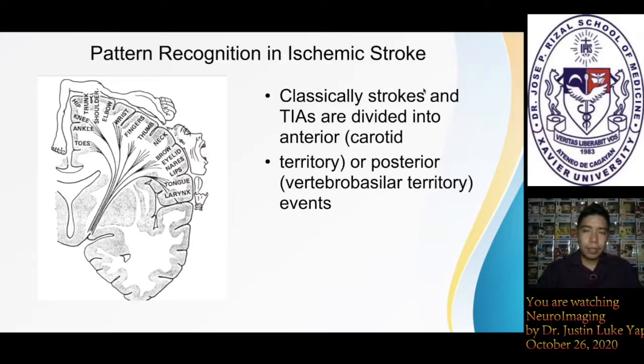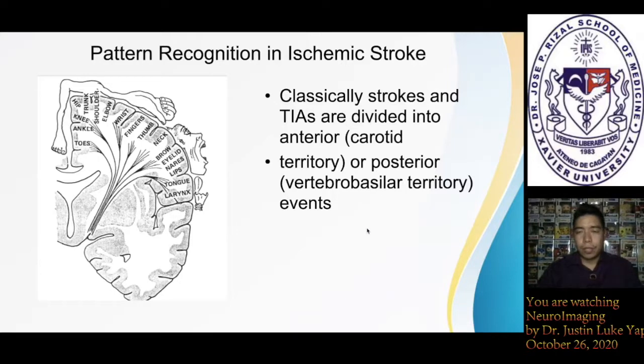Now there are certain stroke patterns which we can recognize because of our established idea of the homunculus. So if you know which part of the body is affected, then you can suspect which tracks may be involved and you can localize which specific gyri is involved.